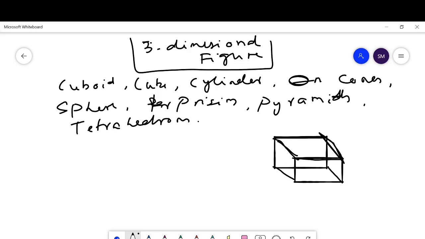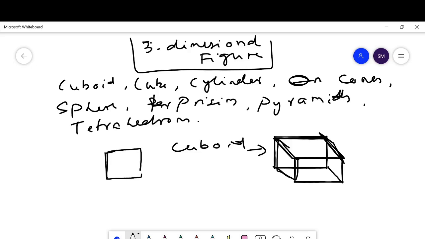Then a cube is a solid which is surrounded by six square faces.